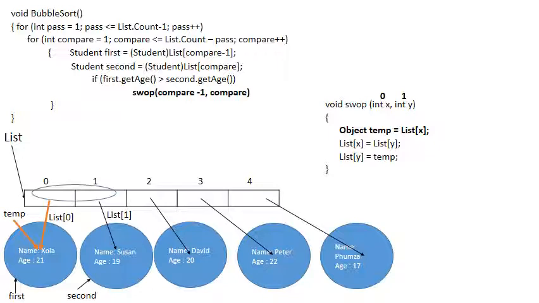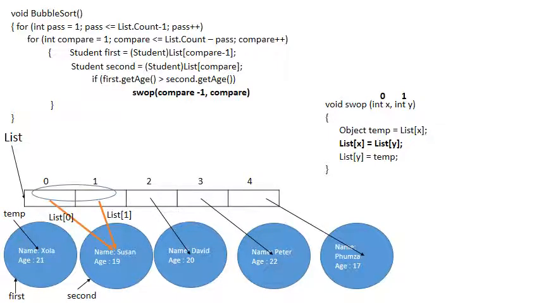The advantage of this is that the swap method will thus work for swapping any type of object, whether it's a student or a car or whatever. We don't need to be able to use the whole object in this method because we're just going to be moving around pointers, so we can keep it as object pointing to the middle. So you'll see that temp now points to the middle of the object.